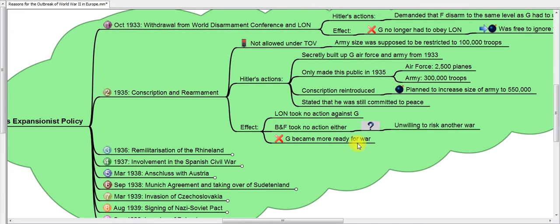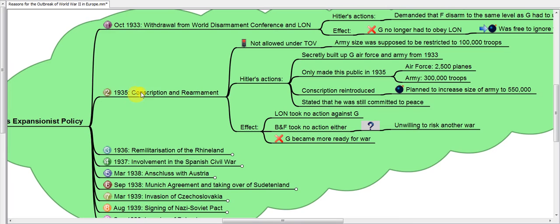Because they were unwilling to risk another war, and we've looked at the reasons for this in more detail when we looked at the policy of appeasement, right? As a result, this is bad because Germany became more ready for war. As Germany prepares and builds itself up militarily, there's no response, so Germany becomes more ready for war because there's no one willing to stop it.